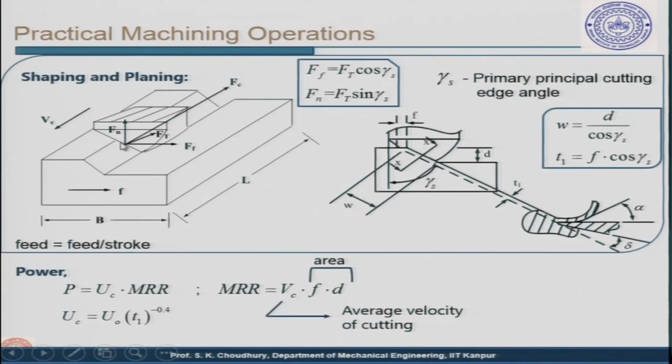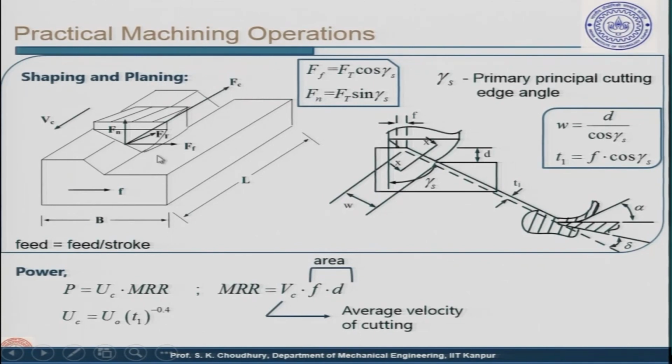In case of shaping, the tool reciprocates, that is, it moves forward and goes back. In case of planing, it is opposite, that is, the workpiece moves to and fro and the tool is given a feed. Because in case of shaping, normally the smaller workpieces are machined, and in case of planing, the size of the workpiece will be much bigger.